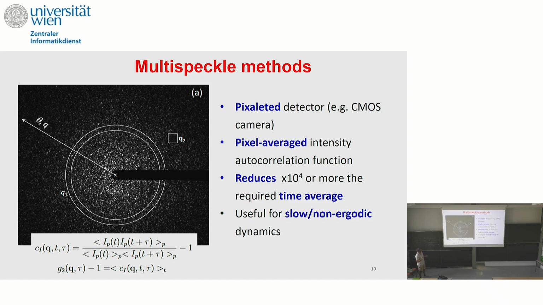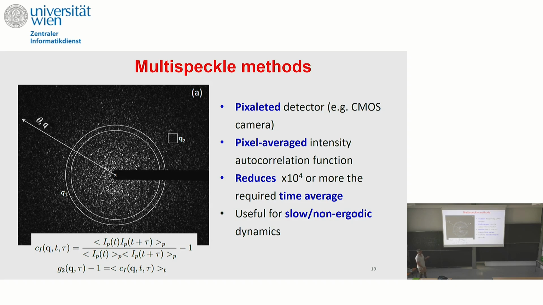And the idea is the following. Imagine that now we do our light scattering experiment with a 2D detector, like the CMOS camera of your phone. This is what a typical speckle pattern would look like. And for the sake of example, this speckle pattern has been measured in a low angle scattering experiment.